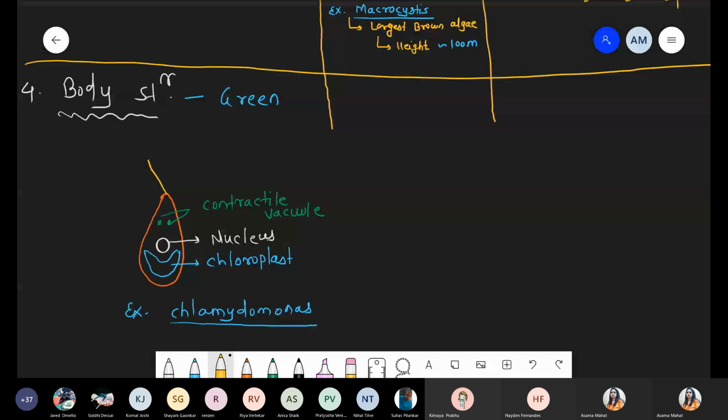So we are talking about the flagella part. Now there is the presence of the nucleus, the second part. Now these two dots, for example, represent the contractile vacuole, right? Okay, so got it.